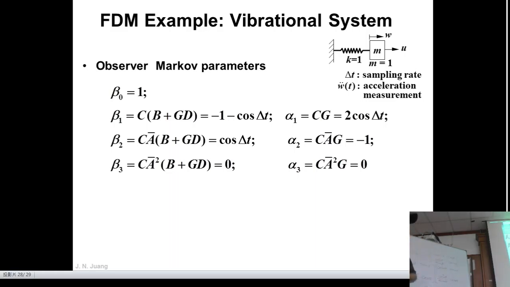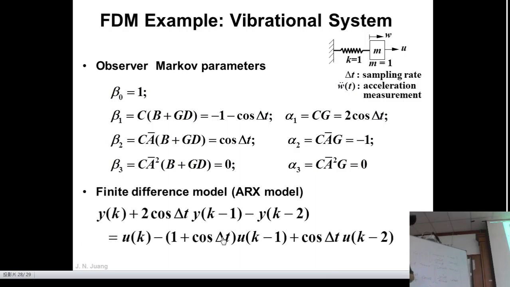So in summary, let me go back again. The finite difference model becomes this. Look at this, it's a very simple finite difference model. yk equals 2 cosine delta t times yk minus 1, minus yk minus 2.